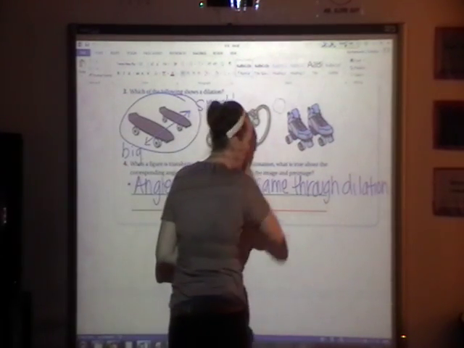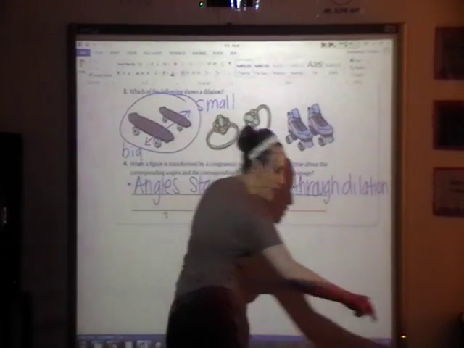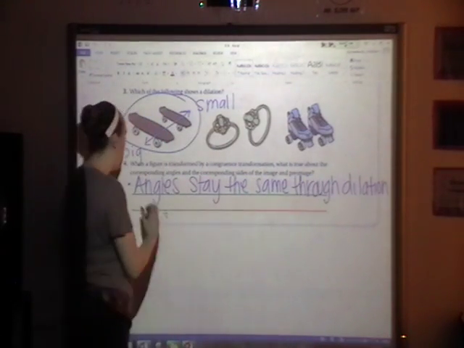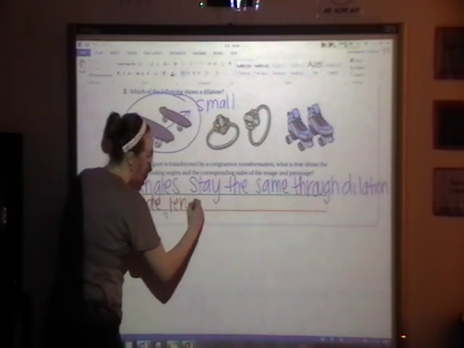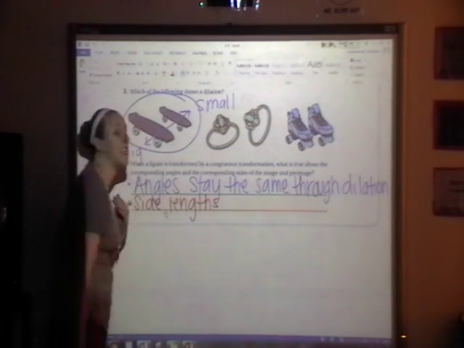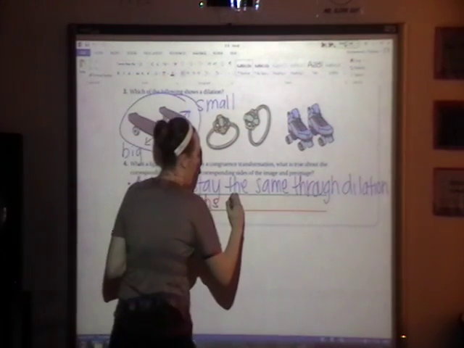However, if we looked at our dilations, what could you tell me about the side lengths? They either increase or decrease, and this goes back to the word scale factor.